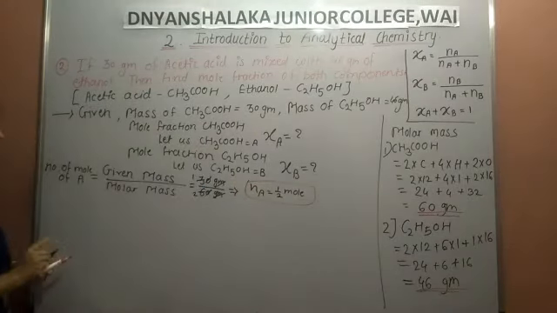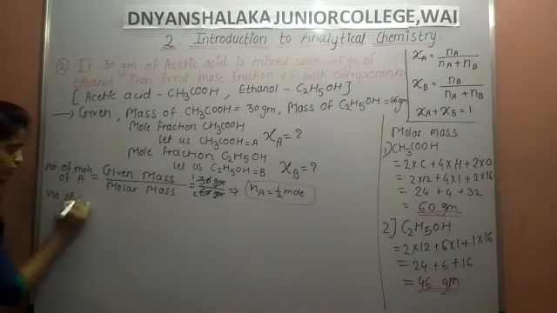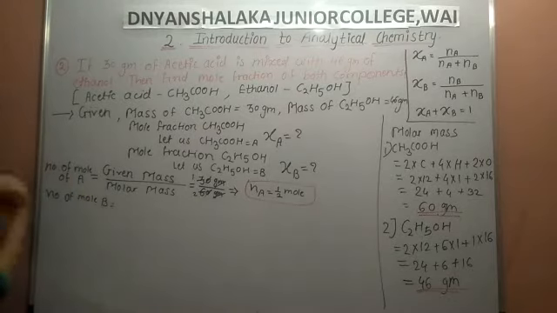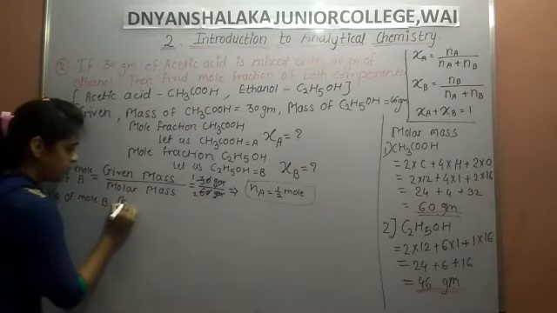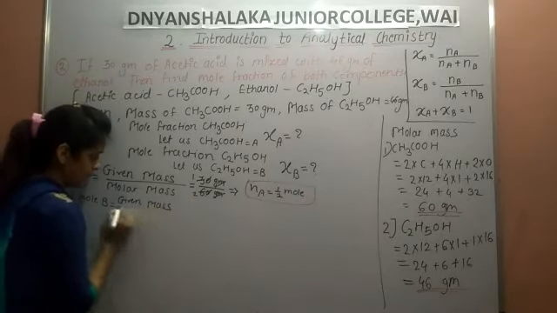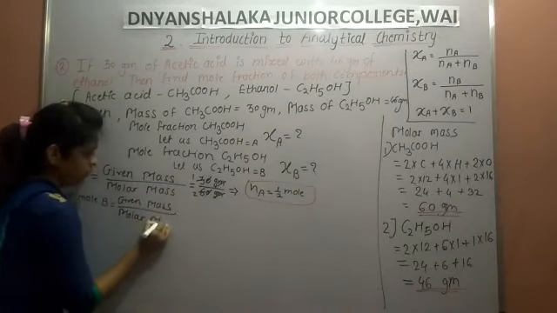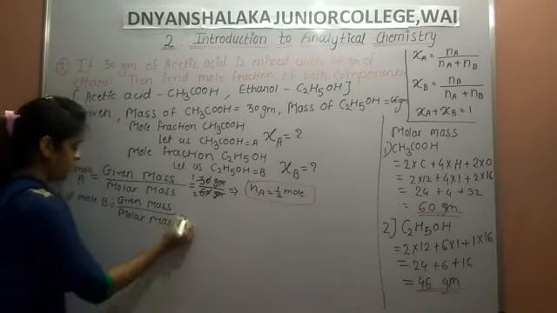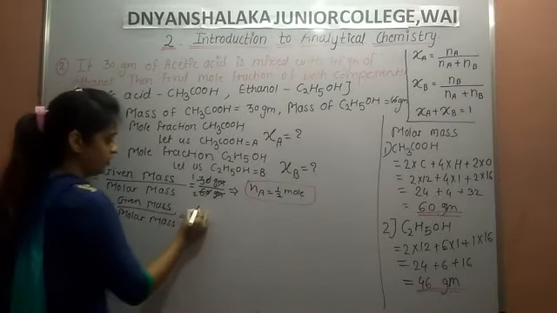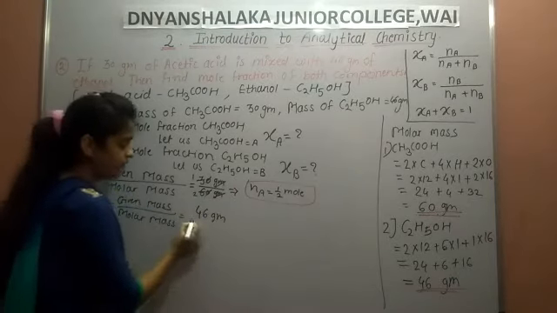Next we have to find the number of moles of B component, using the same formula: given mass upon molar mass. The given mass is 46 gram of ethyl alcohol, and the molar mass of ethyl alcohol is 46 gram.